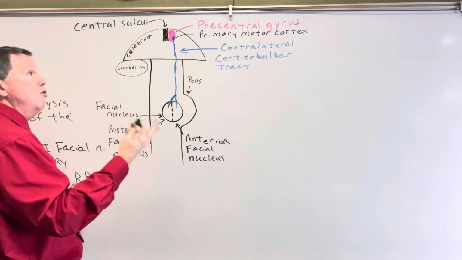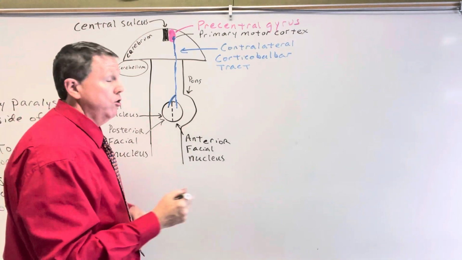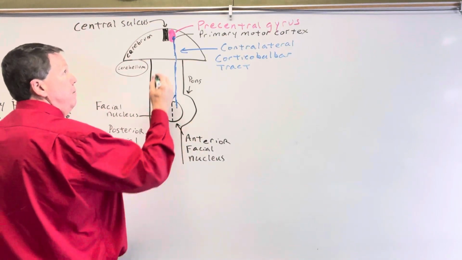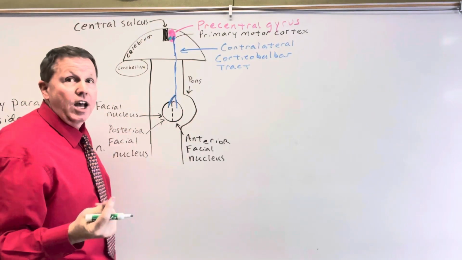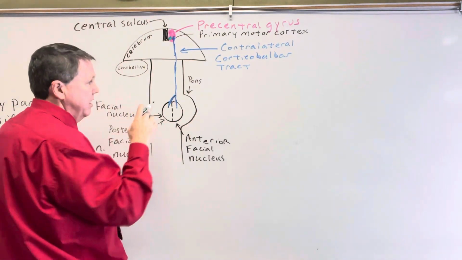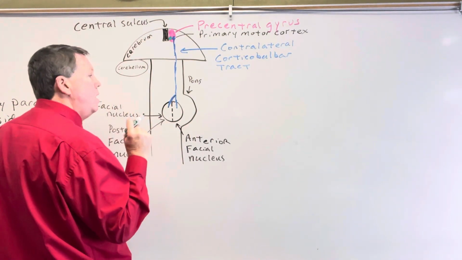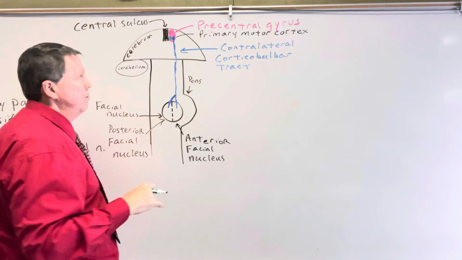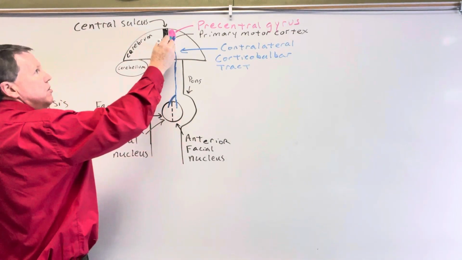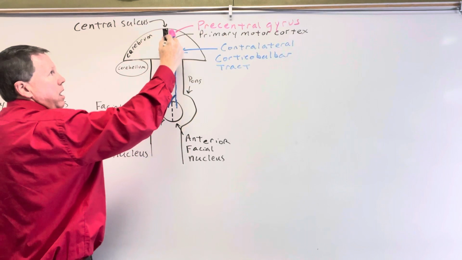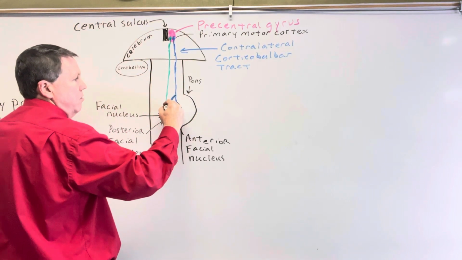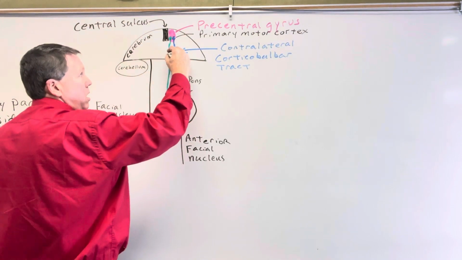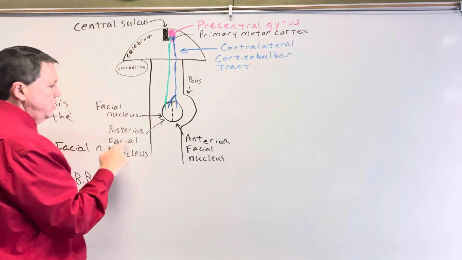So if I have a contralateral cortico-bulbar tract, I'm also going to have an ipsilateral cortico-bulbar tract. Now you've got to pretend like this one's on the same side of the brain that this is going to be going down to. Again, I'll draw this and it'll make more sense in a minute. So now this guy's going to come down, and he is only going to go into the posterior facial nucleus.